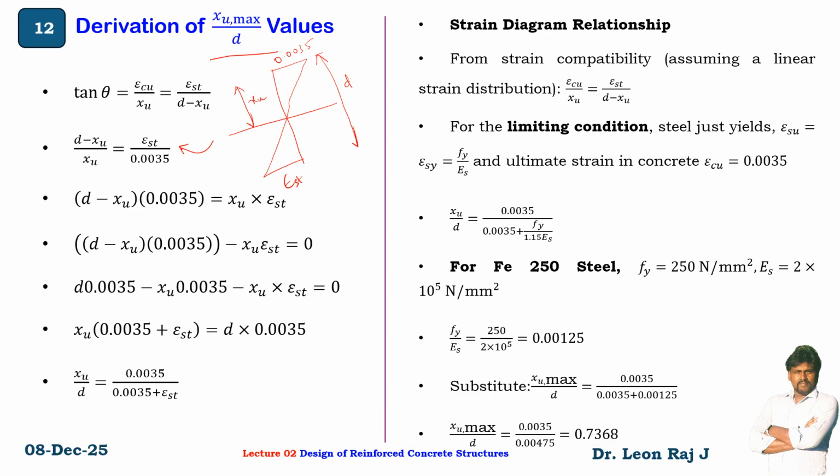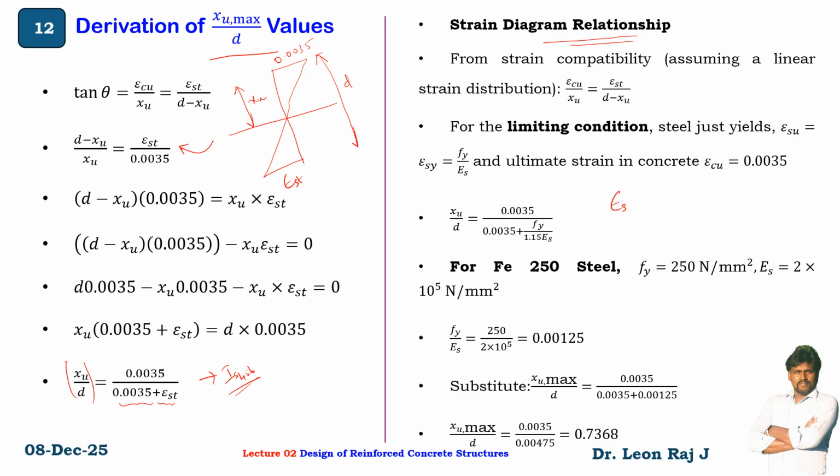Then it is further rearranged as xu by d equal to 0.0035 divided by 0.0035 plus epsilon st. This value is given in IS 456. Then, using the strain diagram relationship, we simply substitute the strain in steel.